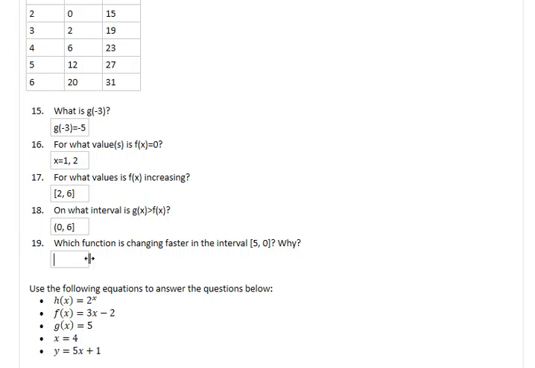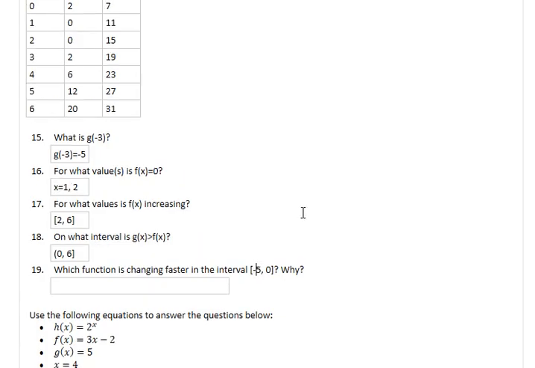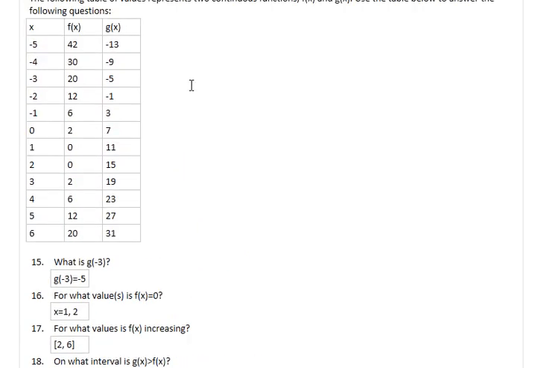Finally, which function is changing faster in the interval? This should be negative 5 to 0 and why. Okay, so we're looking here at the top half of it. Let's see, this one is going down by 12, 10, 8. Oh gosh, it's going down really quickly, isn't it?